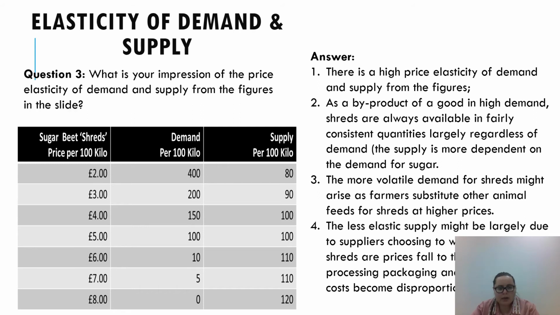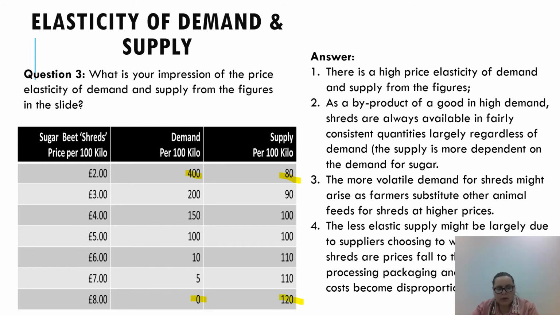In terms of comparing the elasticity of demand and supply, we can have a look at the following data. We can see that there is a high elasticity of both demand and supply on the market.